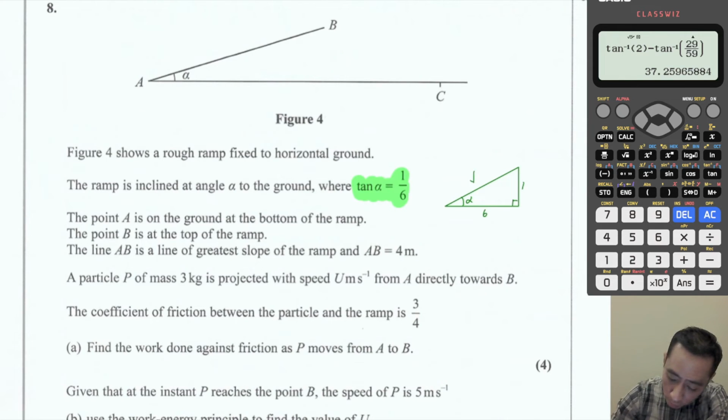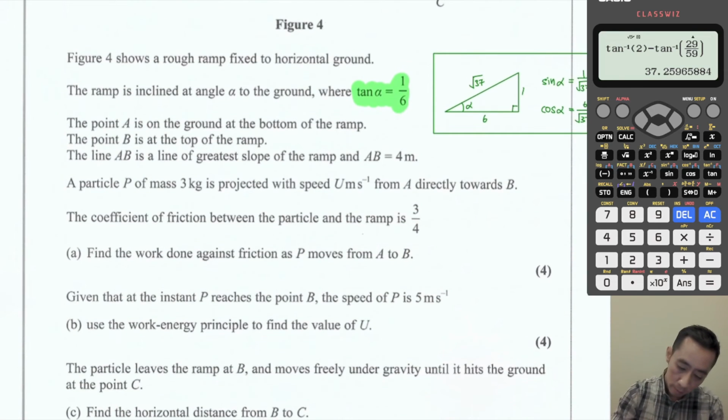By using Pythagoras theorem, we can find this is square root of 37. So from here I can tell that sine of this angle is equal to 1 over square root of 37, and cosine of this angle is 6 over square root of 37. So I just prepare this. Later we are going to use it.